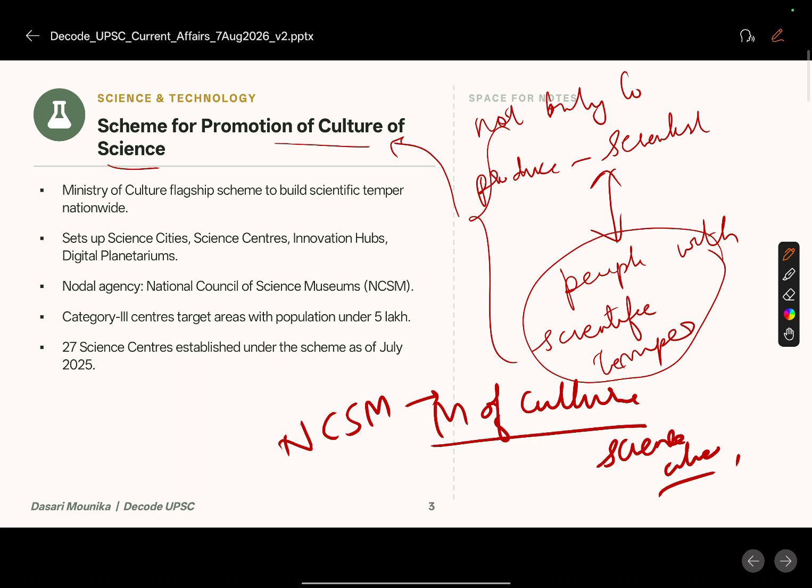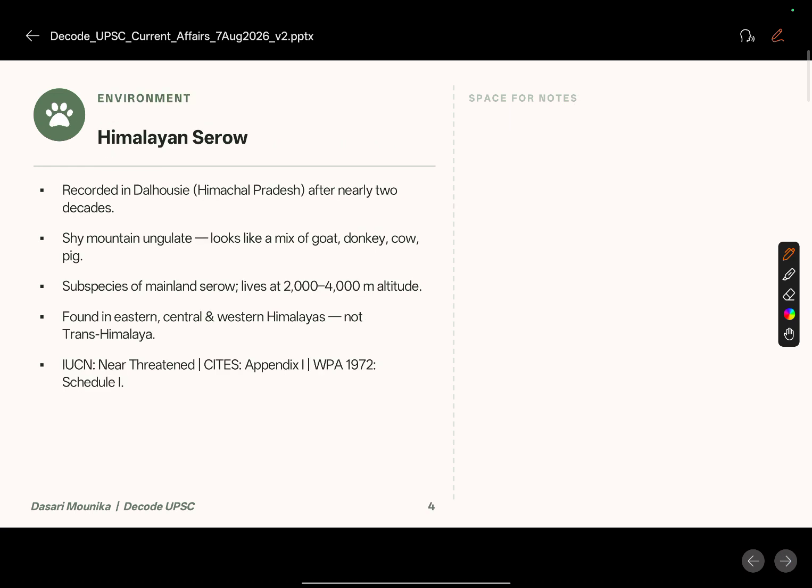Next, moving forward, we have an important species which is in the news: the Himalayan Serow. Its scientific name is unique. If possible, try to comment in the comment section what the unique scientific name of the Himalayan Serow is. It was recently recorded in Dalhousie, Himachal Pradesh, nearly after 2 years.